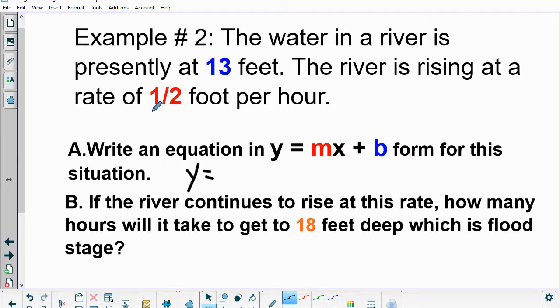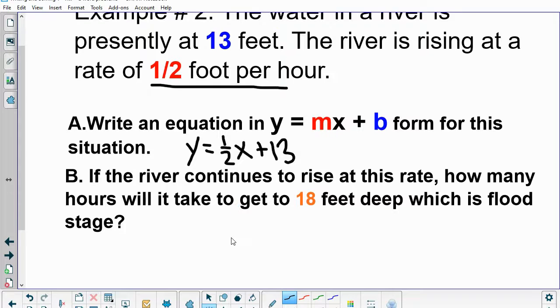Well, it's going up at a rate of 1/2 foot per hour. So I'm going to put down 1/2x, where x will be the number of hours and y will be the actual river level. And then we already know that it was at 13 feet to begin with. That's how deep the river was.